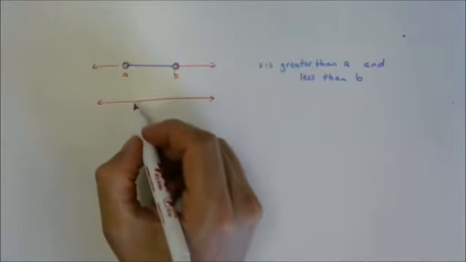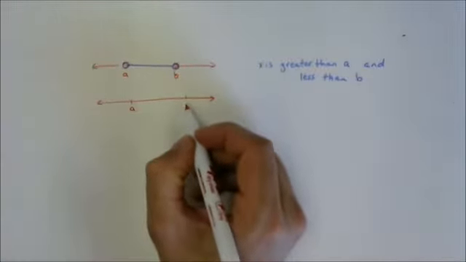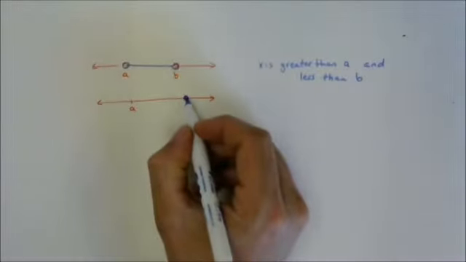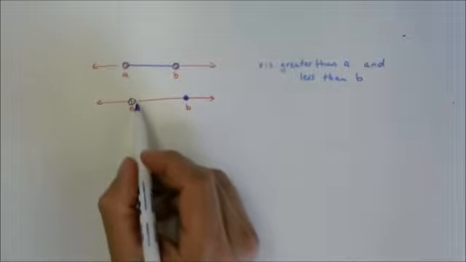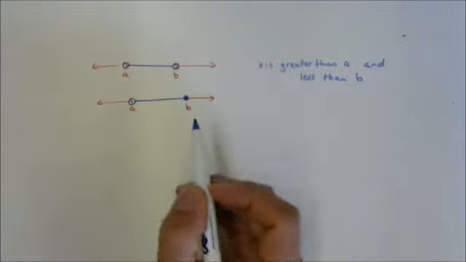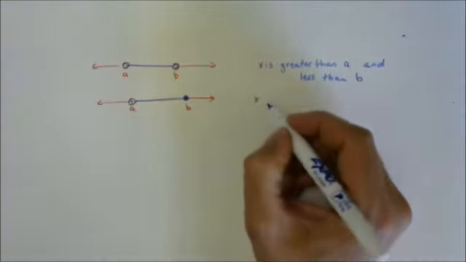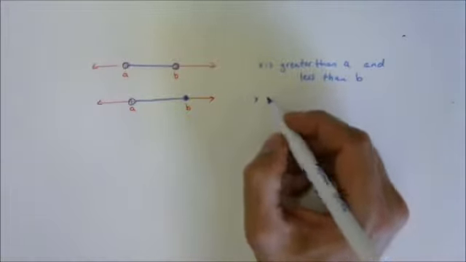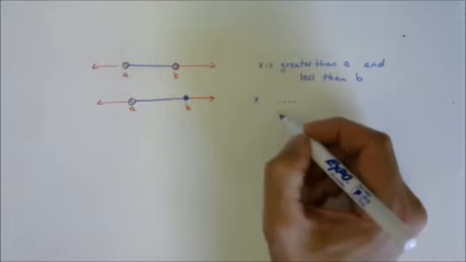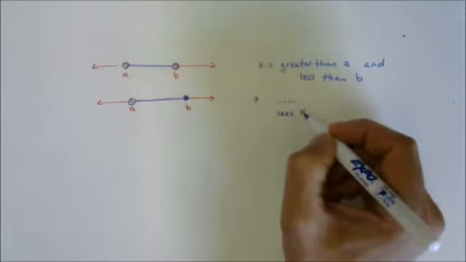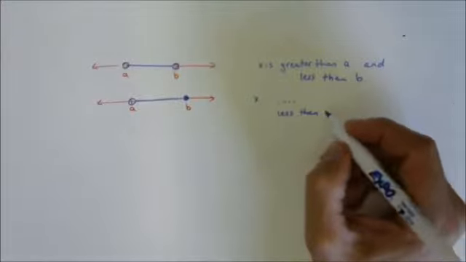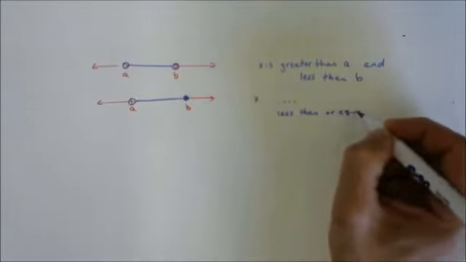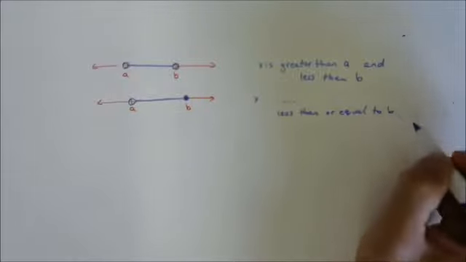Okay, so we're going from A to B. This time we're going to include B. So B gets a solid circle, A gets an open circle, and all the numbers in between are included. We say X is greater than A and less than or equal to B.